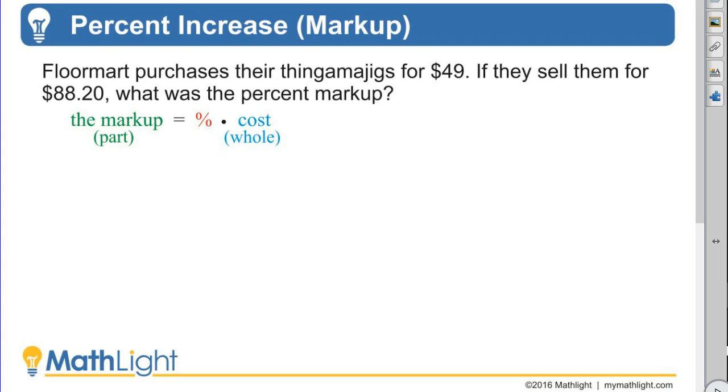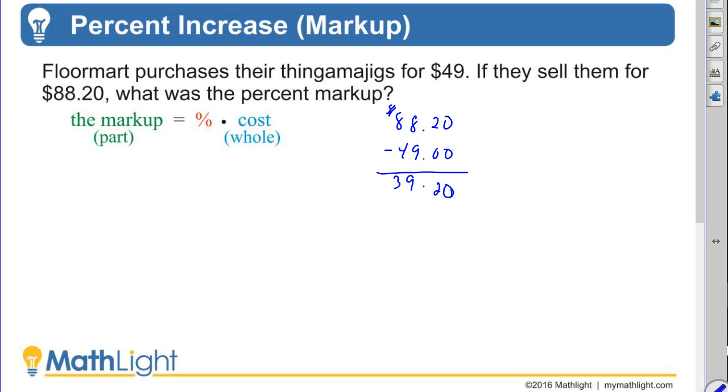And so on a problem like this, it takes a little bit of thought to understand: I am selling it for $88.20. It started out at $49. How much is that markup? Okay, so 20, and what is that? 9 and 39.20.